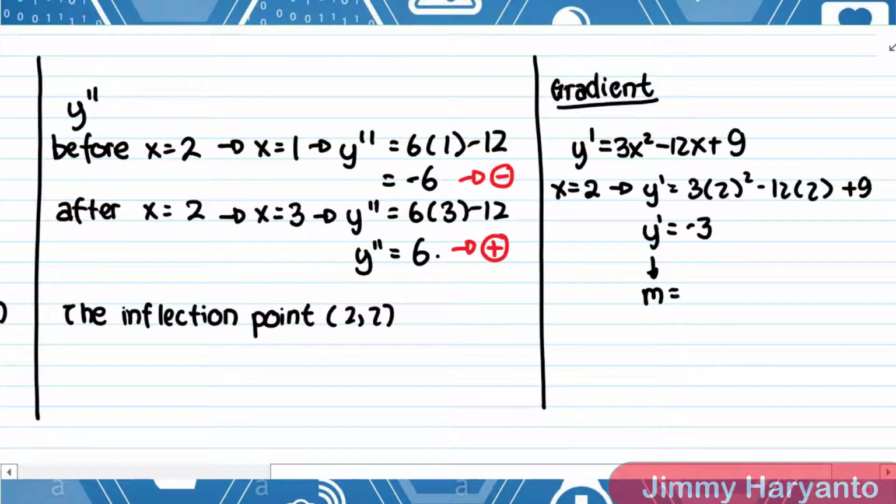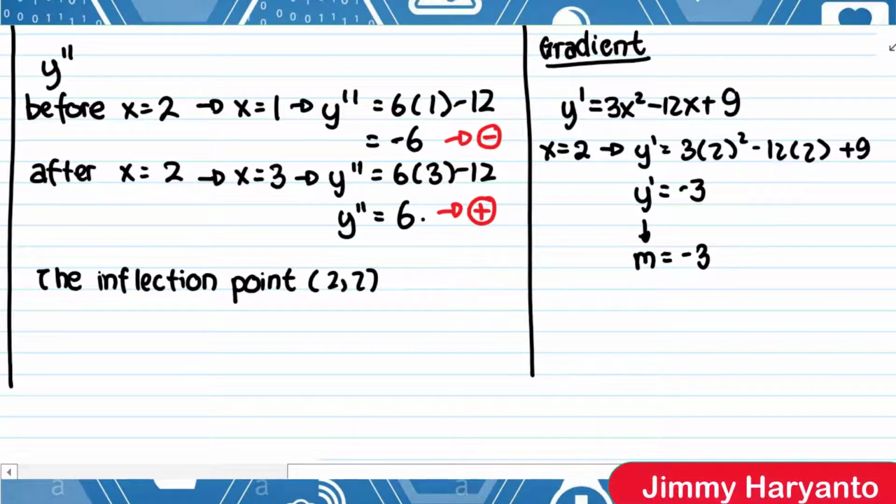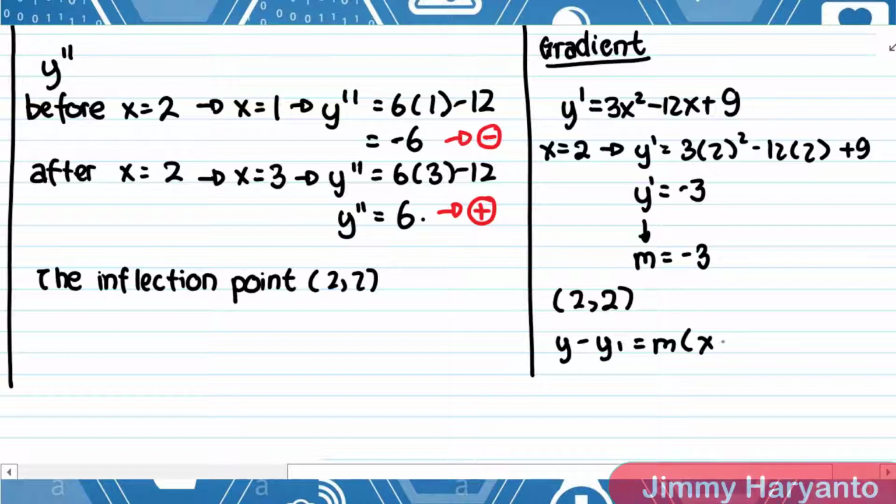We already know that the y-axis is equal to the gradient when you substitute the x, right? So we have the gradient equals negative 3, and then we have the point also. The point of the inflection point is 2,2. So the equation will be y minus y1 equals m in the bracket x minus x1.